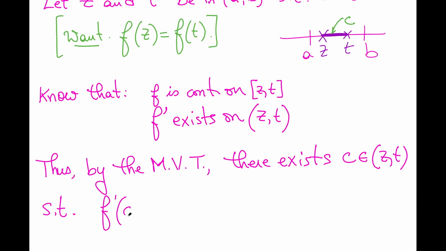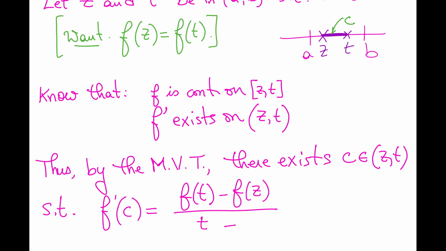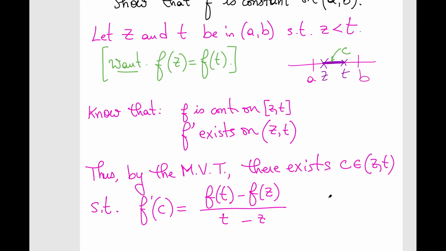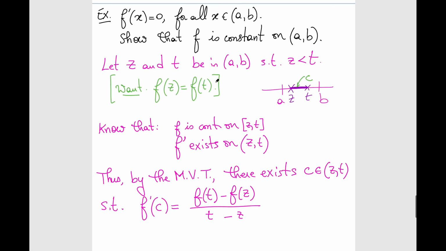f prime of c is equal to f of t minus f of z divided by t minus z, correct? All right. And now let's put this condition that we have in action.